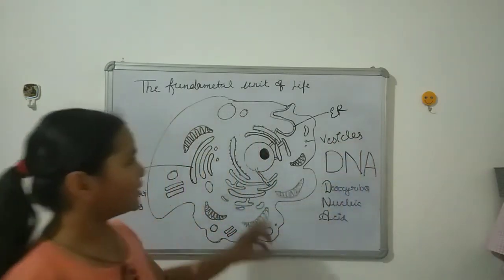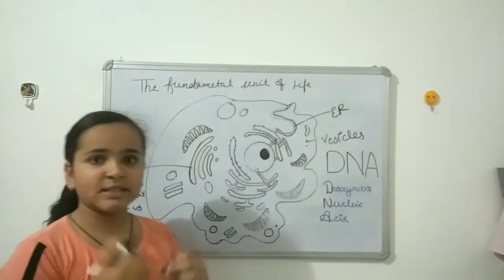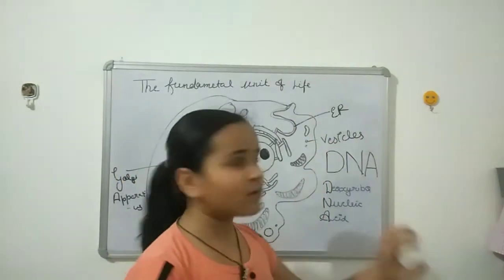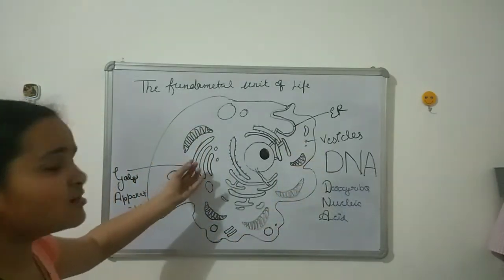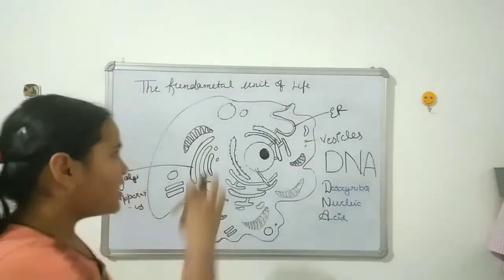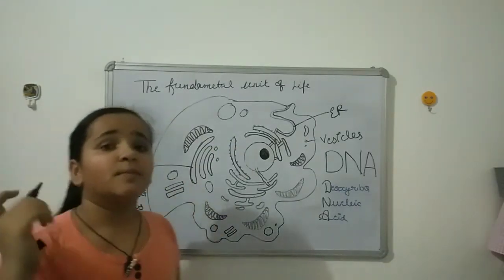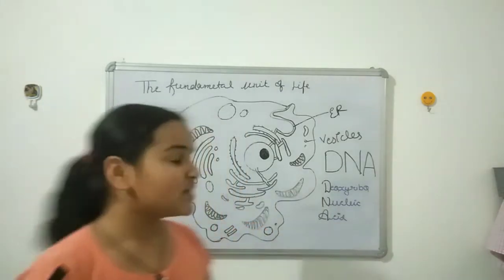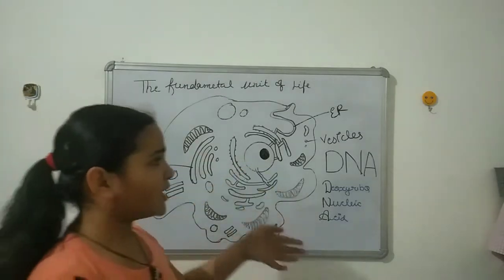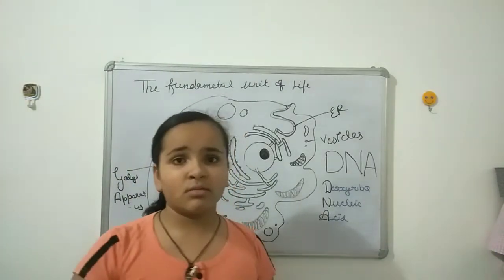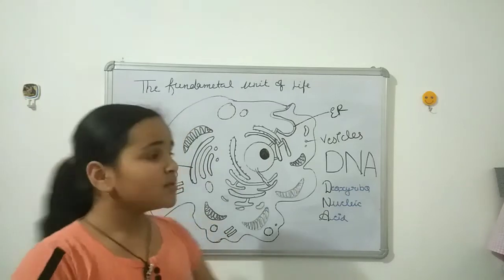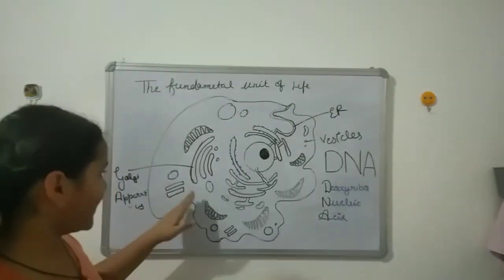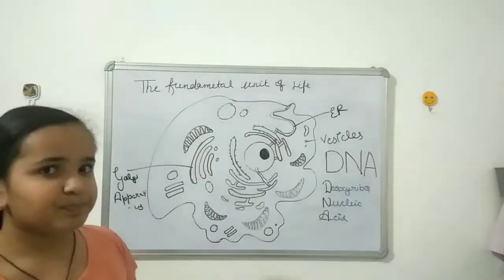When the ER synthesizes proteins, the vesicles carry these proteins and load them to the Golgi apparatus, the transport system, where the Golgi apparatus packages them and sends them to other parts of the cell in the actual amount according to their need. Whatever amount they need, the vesicles provide them the proteins packaged by the Golgi apparatus.